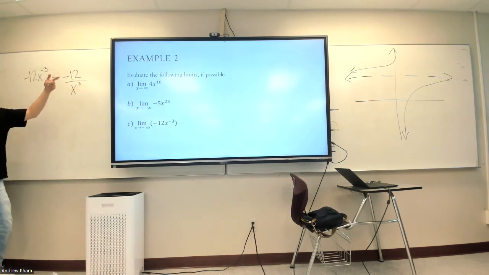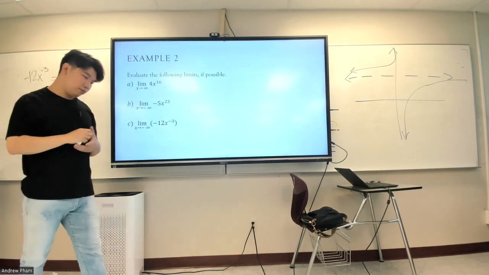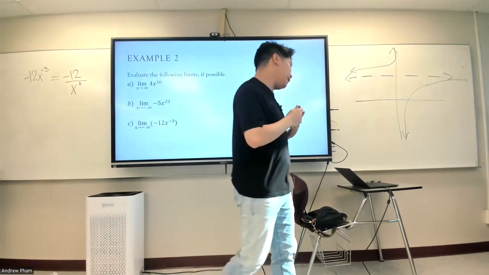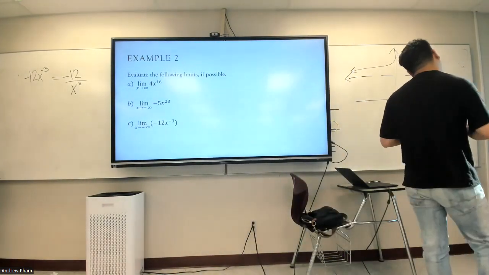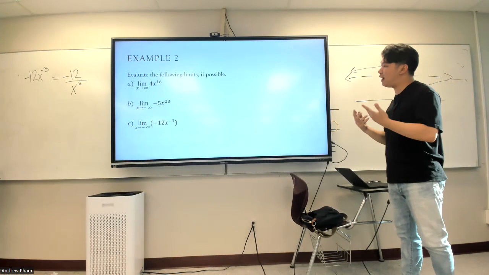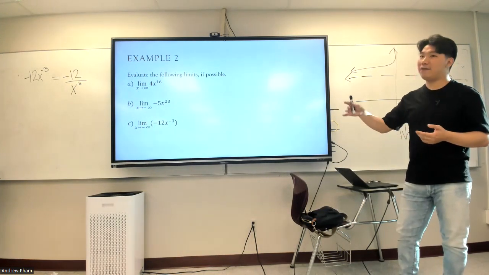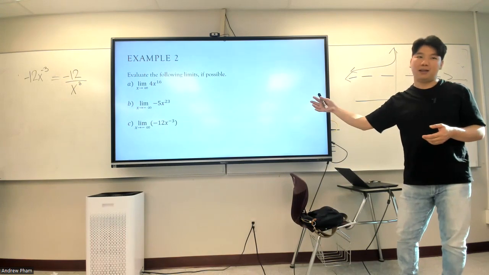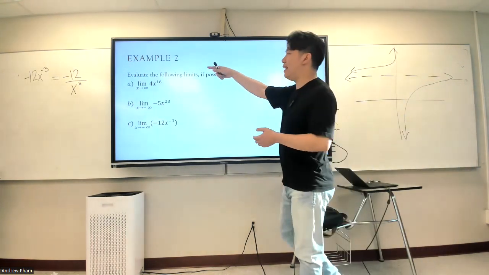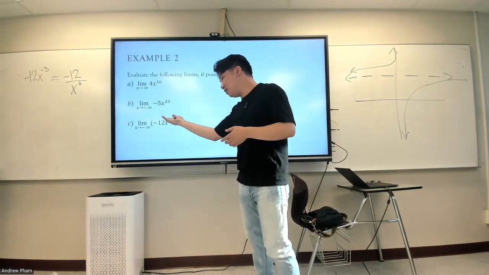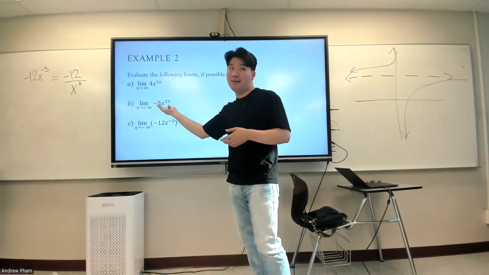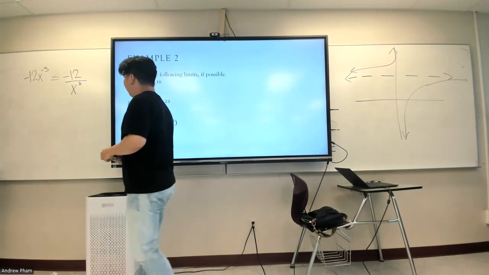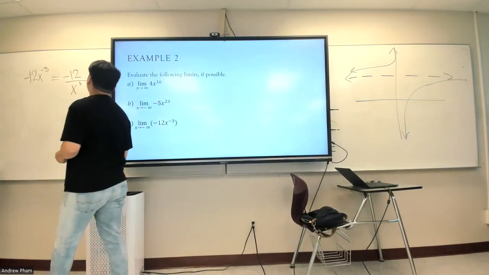In other words, it looks like I can flip it to the bottom and make the power positive. So this is a very key part that I'm mentioning. That negative exponent is going to change a lot of stuff. Whenever I have a negative exponent, I can push it to the bottom and then make the power positive. So that was x to the negative 3. If I move that to the bottom, it becomes x to the positive 3. So that's clear.